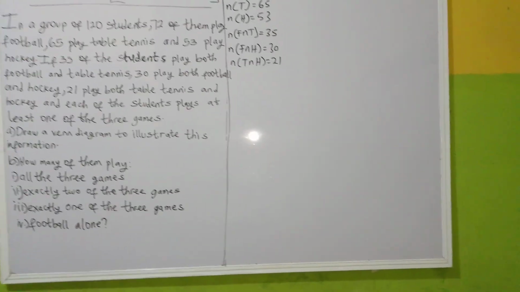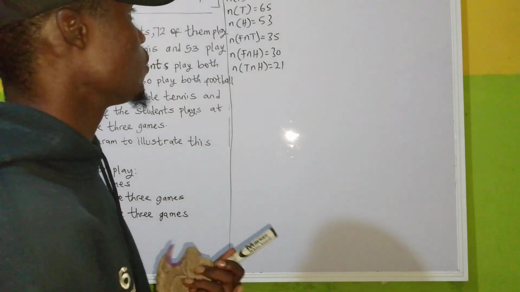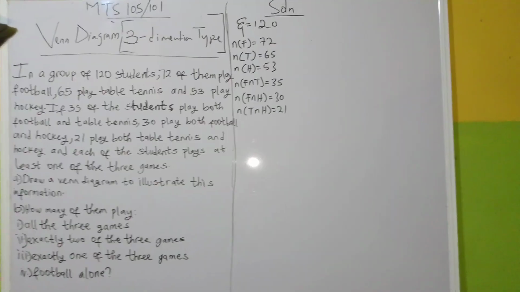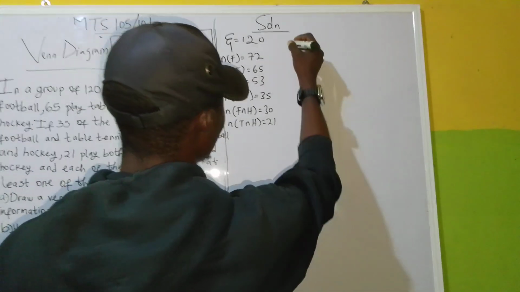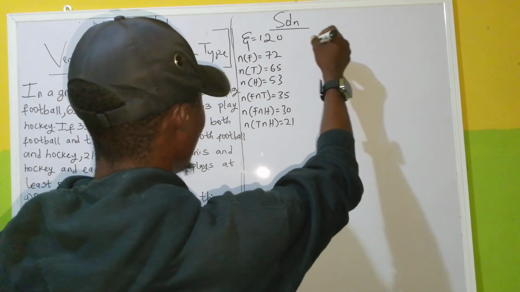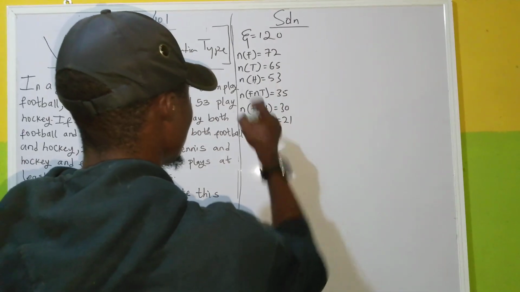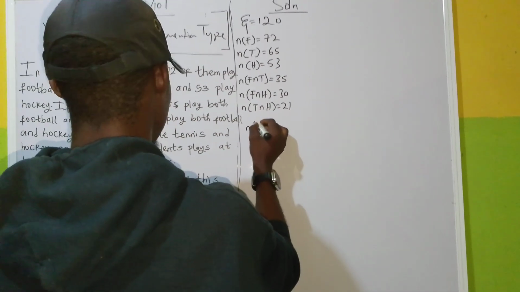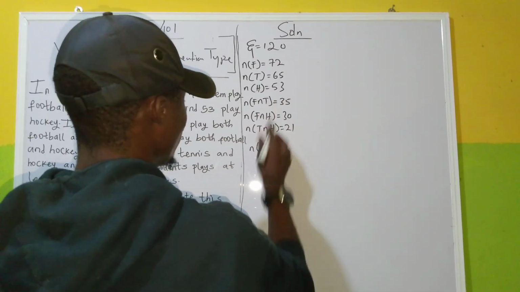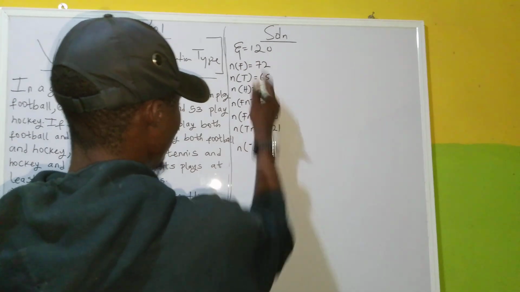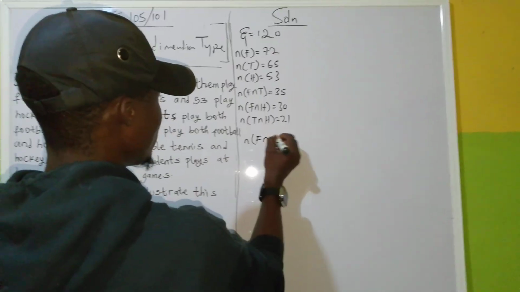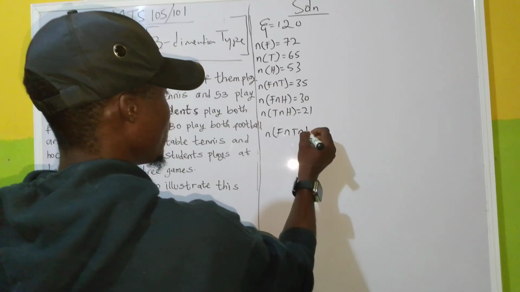We have no option, we have to follow the rule. They said we should draw a Venn diagram. How do I start? Something is missing. Where the three are joined, they didn't give us, so I have to arrange it accordingly. F came first, T second, and H third.